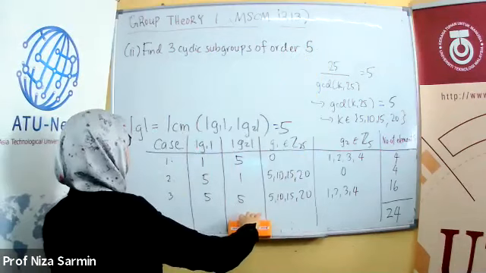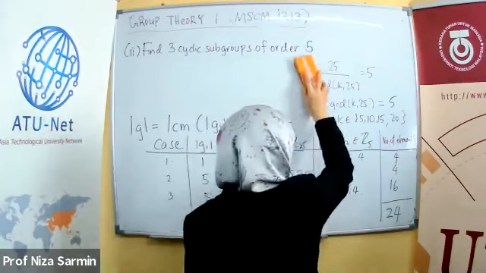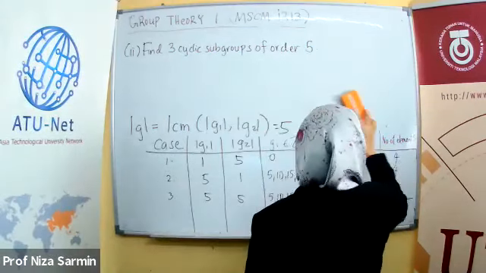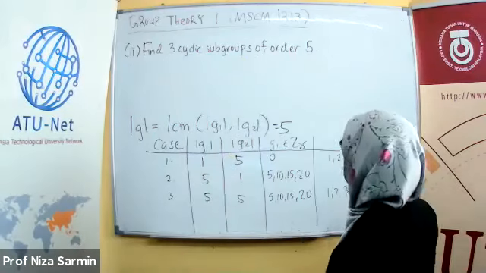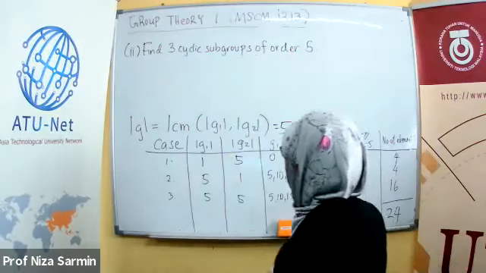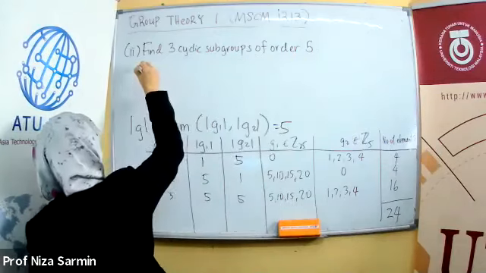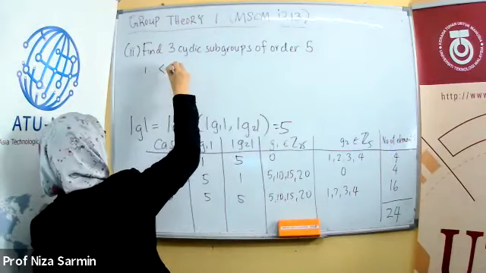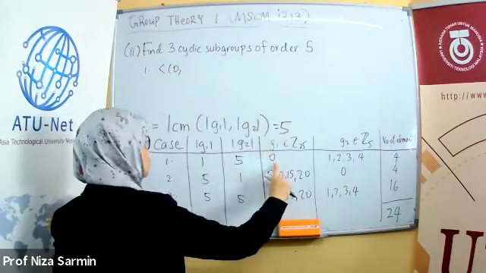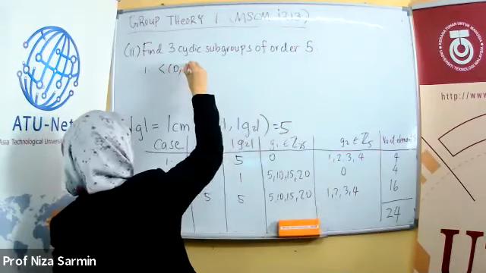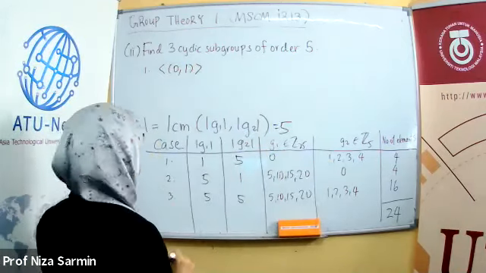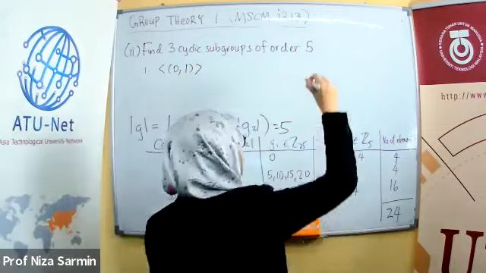Okay. So I just take one from here, generated by 0 and 1. And list all elements.